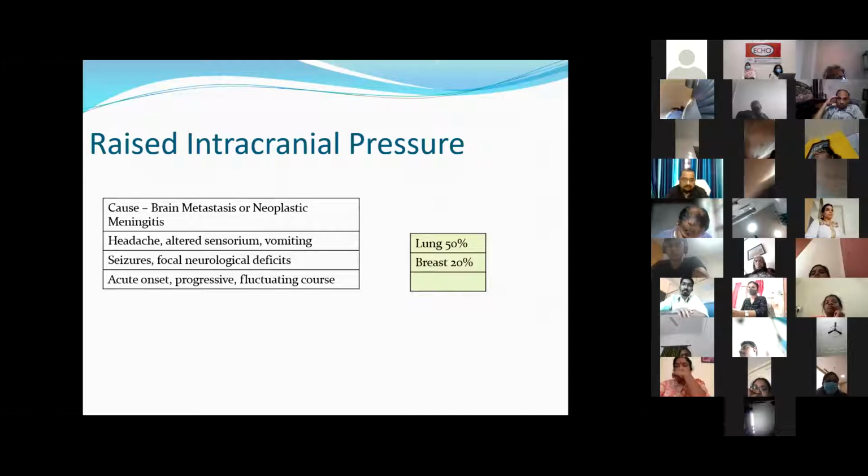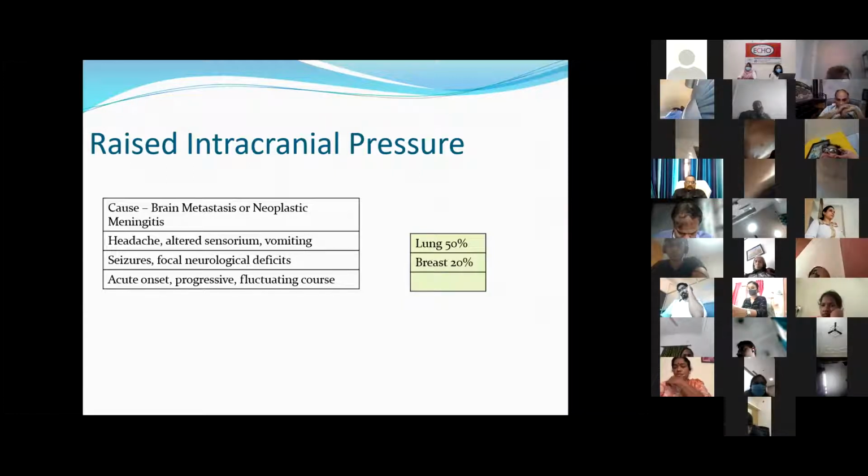The second emergency I would like to take is raised intracranial pressure. You might know that patients with most malignancies of aggressive behavior having brain mets, or patients with neoplastic meningitis, or neoplastic involvement of the meninges, can present with raised ICT.